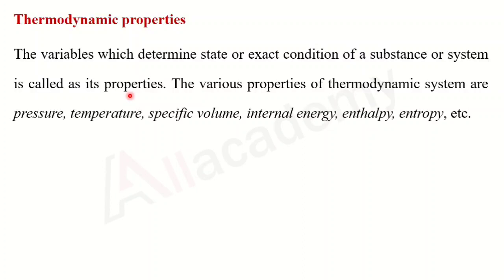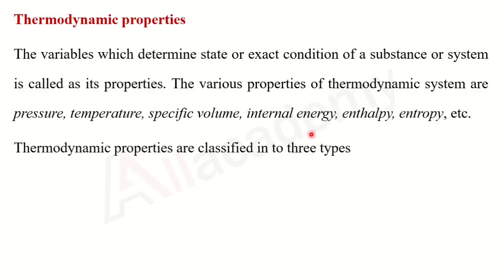So in thermodynamics, the measurable properties which describe the thermodynamic system are called thermodynamic properties. Properties like pressure, temperature, volume, specific volume, internal energy, enthalpy, entropy, etc. These are the properties which help us to describe the condition of a thermodynamic system.